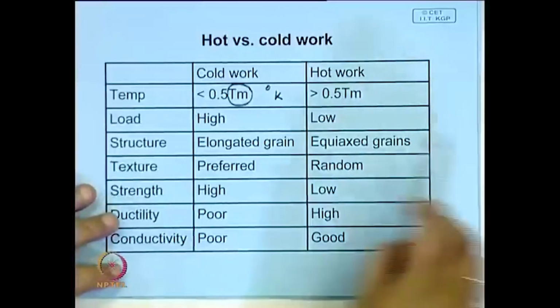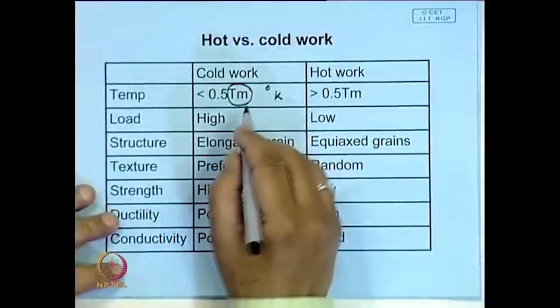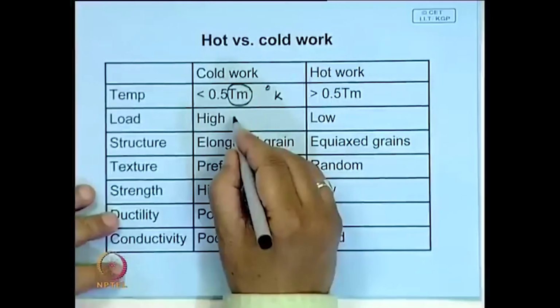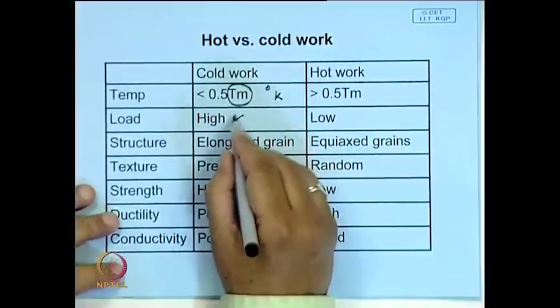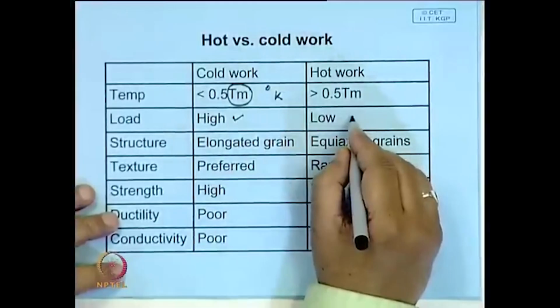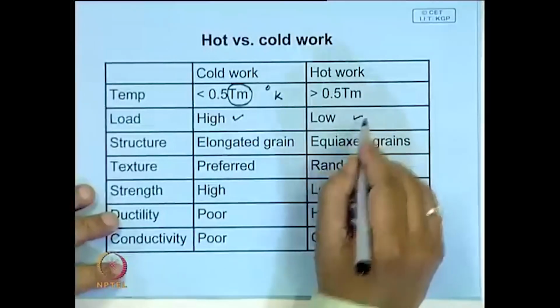So, this is what is listed here. The rolling load will be high, or for forging you need a higher capacity press, whereas for hot working a low capacity press.